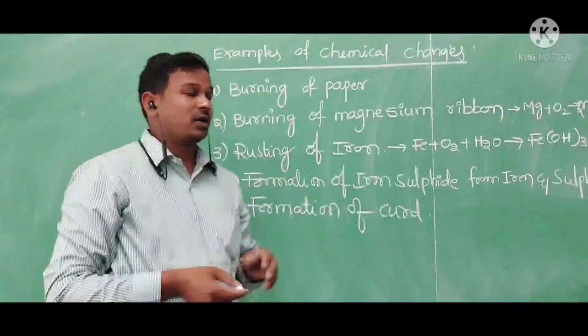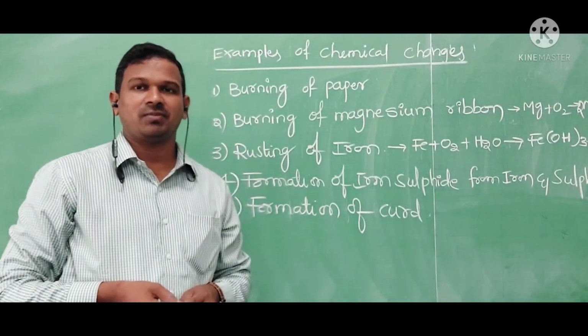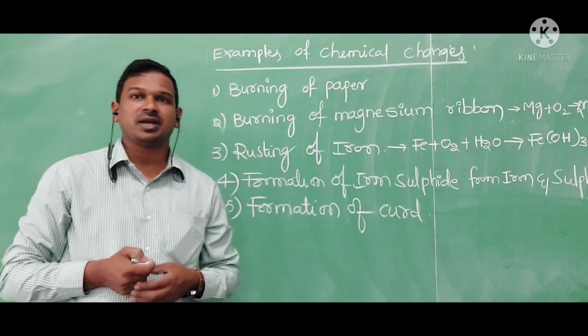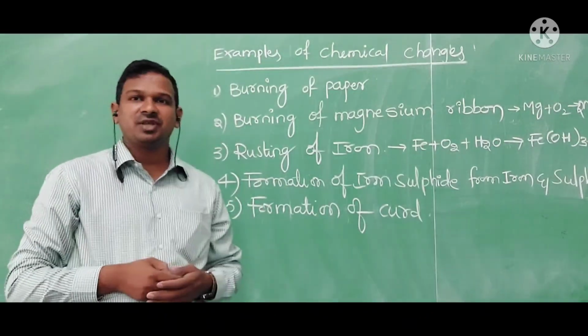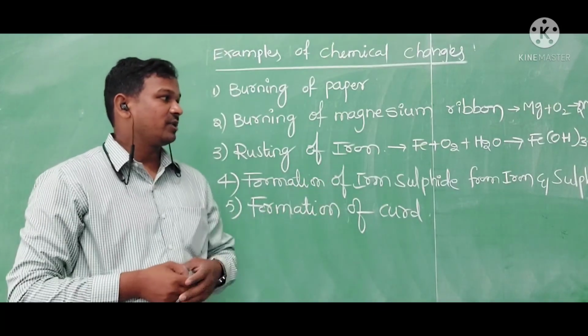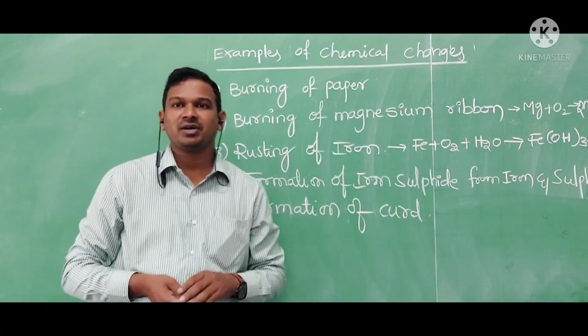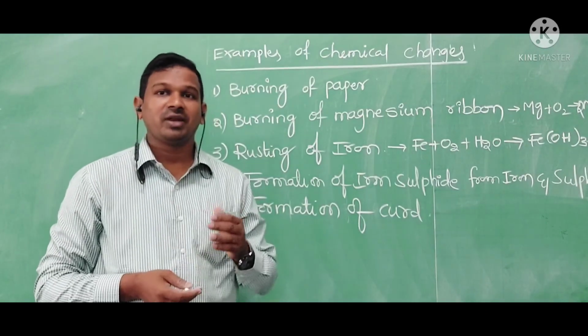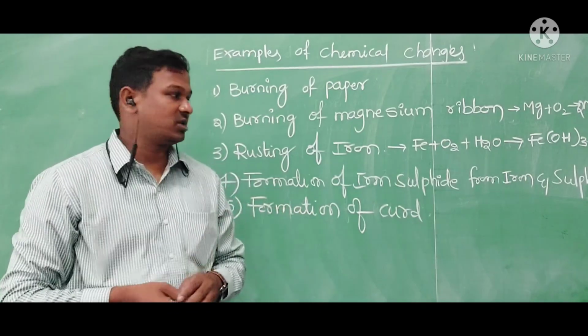Third one, when iron is exposed to air and moisture, a new substance will be formed. That we all know is rusting. Fourth one is formation of iron sulfide from iron and sulfur. When iron and sulfur are mixed together, we will get iron sulfide, which is a permanent change.